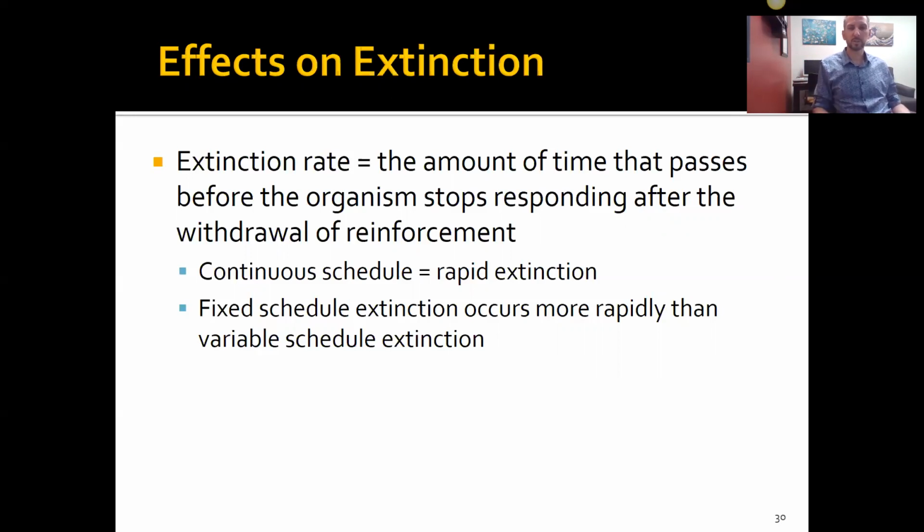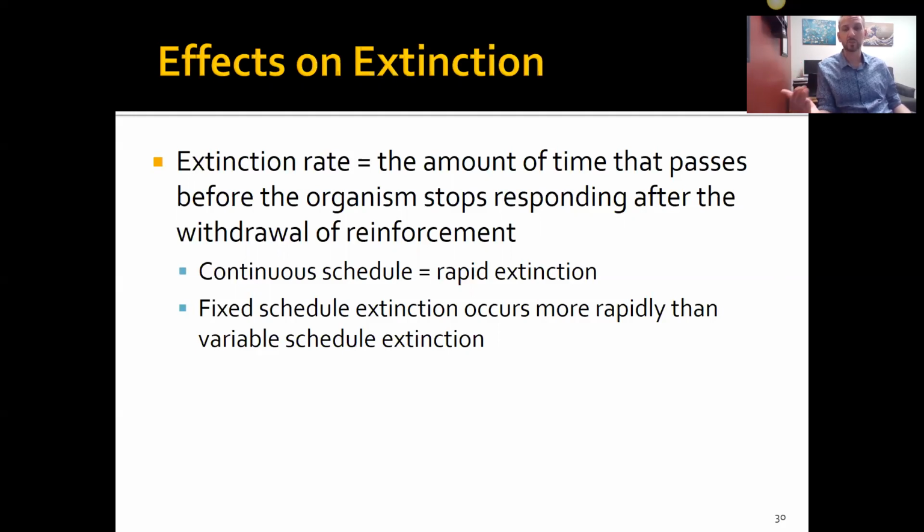If you have a fixed schedule, extinction occurs more rapidly than with a variable schedule. So the slowest extinction, the hardest behavior to extinguish, is the variable ratio schedule of reinforcement.